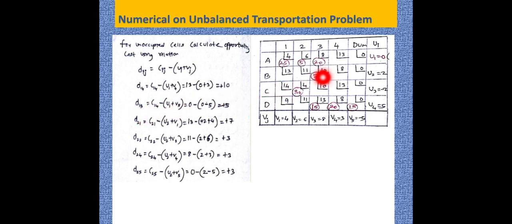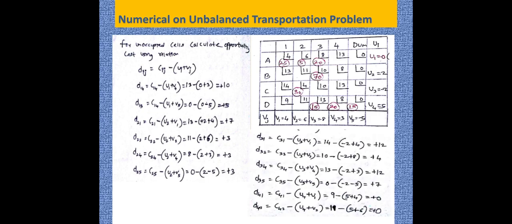Next is d15, that is this particular cell, equal to c15, here c15 is nothing but 0, minus u1 plus v5, that is 0 minus 5. So minus into minus will become plus 5. Next unoccupied cells are d21, d22, d23 and d24 and d25. So using that relation I have calculated all the values. I request you also to calculate and confirm you are also getting the same answer.